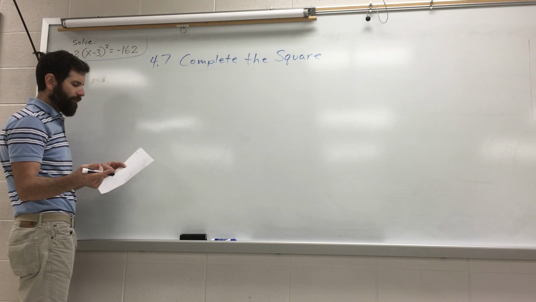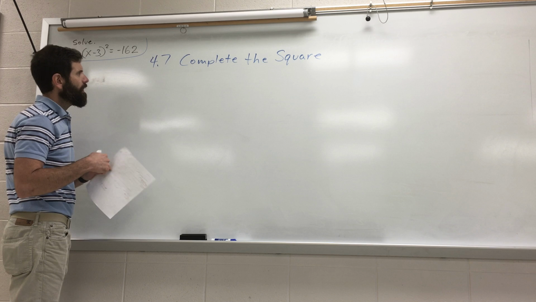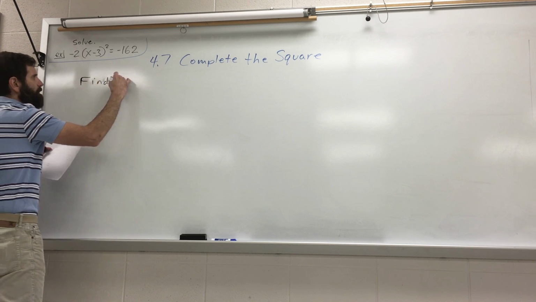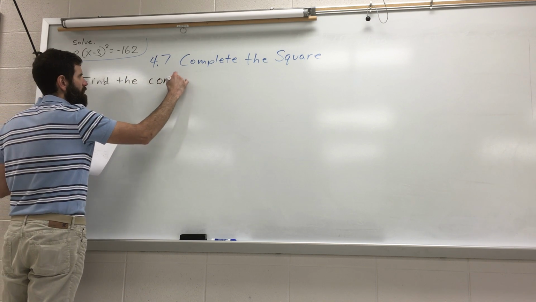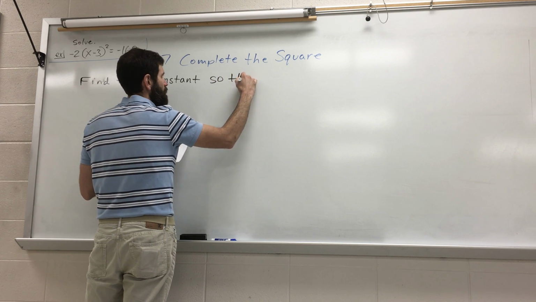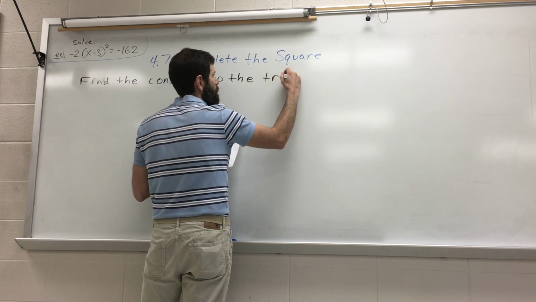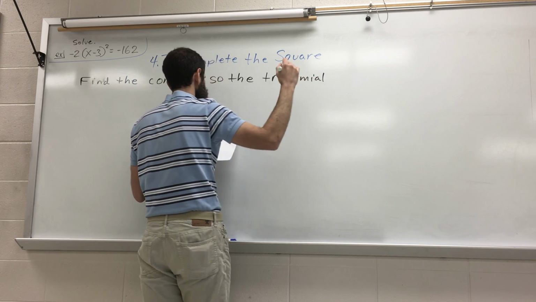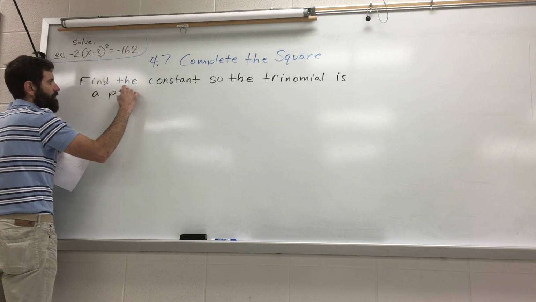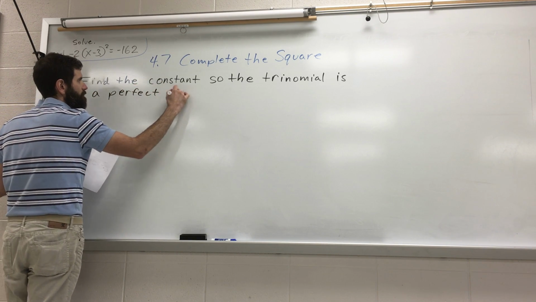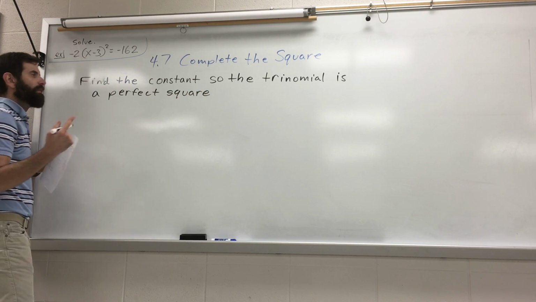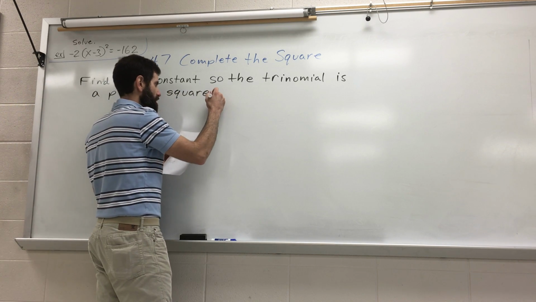I've got 4 examples for you. And the instructions are: find the constant so the trinomial is a perfect square.